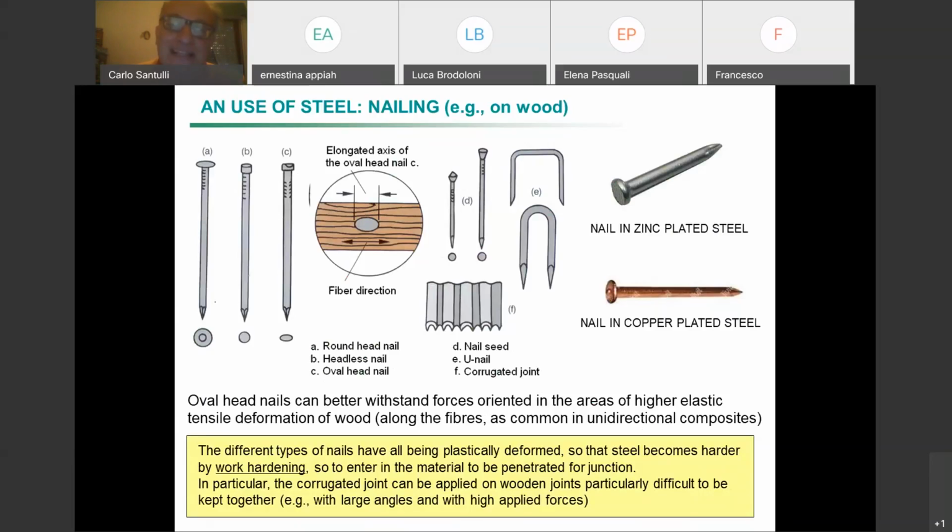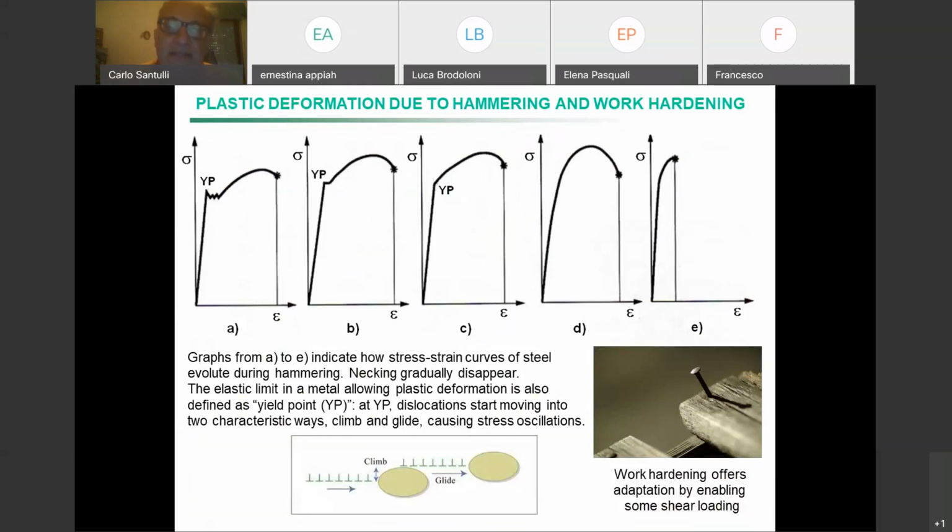But on the other side, it's more suitable to penetrate, for example, wood or walls and so on. This is important because we are able to follow also what happens to the sigma epsilon graph during hammering. So you imagine to start from the situation in A.